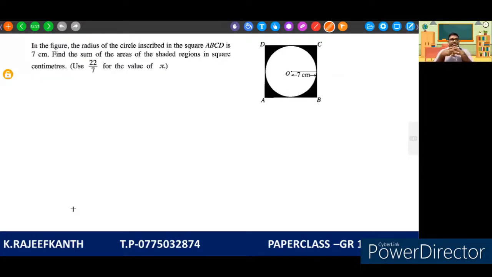In the figure, the radius of the circle inscribed in the square ABCD is 7 centimeter. Find the sum of the areas of the shaded regions in square centimeters. Use 22/7 for the value of pi. So we have to find the area of the shaded region.